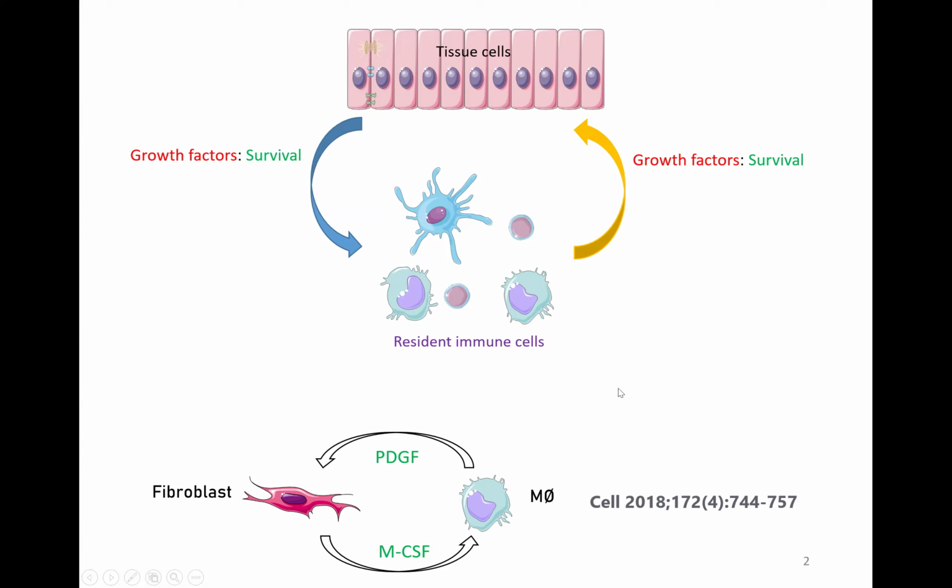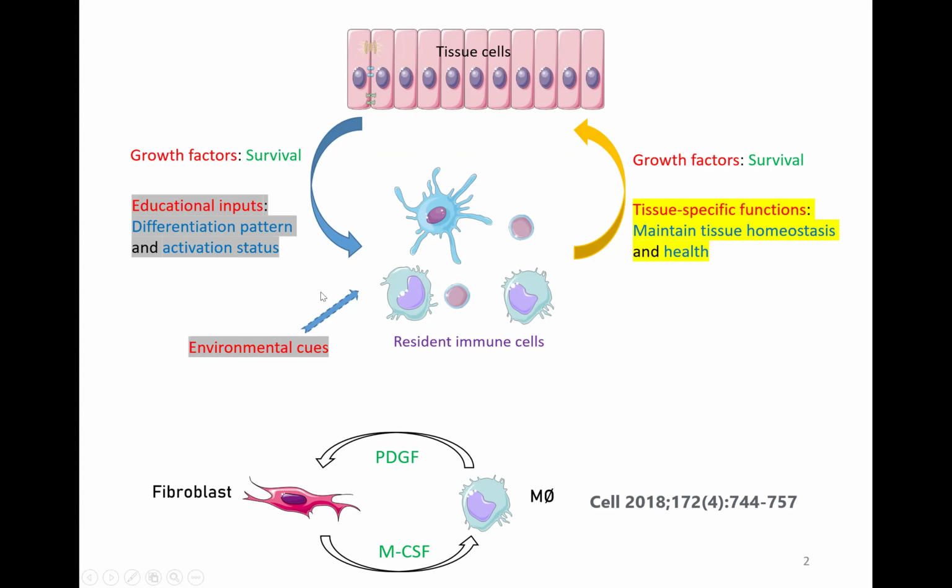However, emerging evidence unveils that the relationship between the tissue cells and the resident immune cells is more complex in steady state. Tissue cells will secrete other factors to drive immune cell differentiation and activation patterns. Moreover, the environmental cues will provide additional signals to educate the resident immune cells so that the immune cells can exert tissue-specific functions to help maintain tissue homeostasis and health.